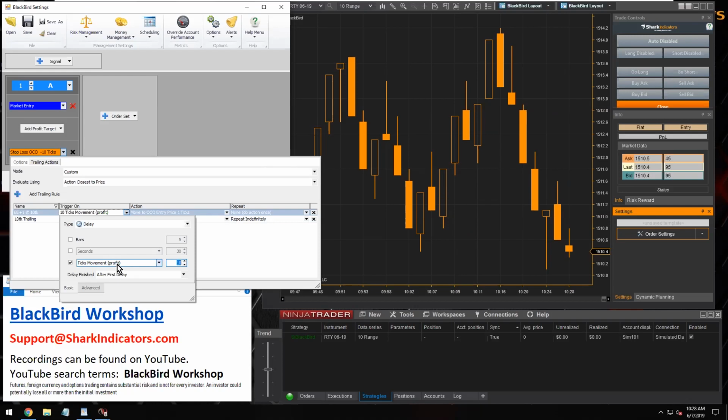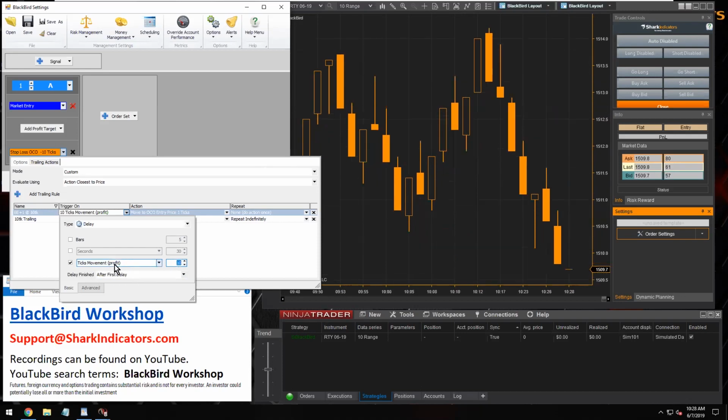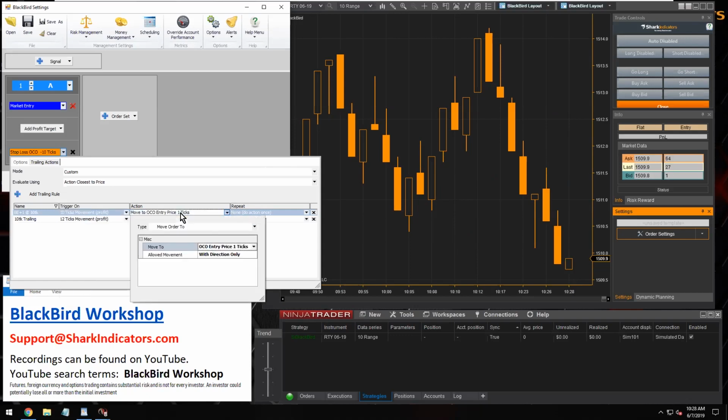As soon as it does, our trigger condition has occurred, and then the action can start executing.